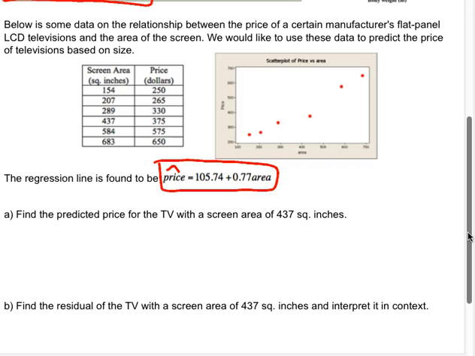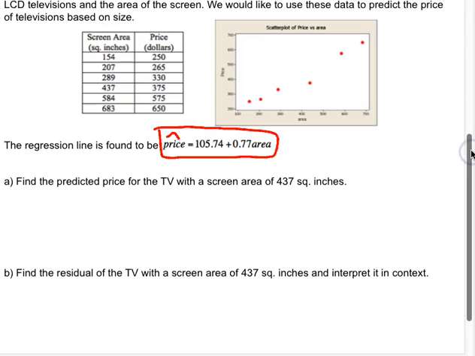All right, so find the predicted price. Well, the predicted price for a 437 square inch TV is just going to be 105.74 plus 0.77 times that area.